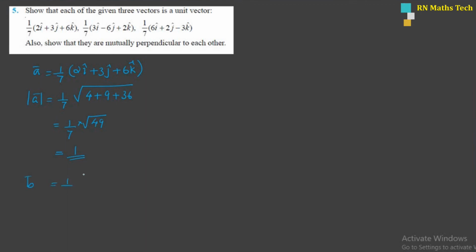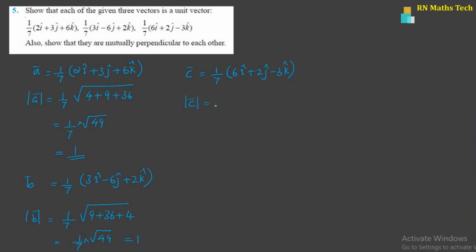Now b bar equal to 1 by 7 into 3i minus 6j plus 2k. Modulus of b bar equal to 1 by 7 into root of 9 plus 36 plus 4, that is 1 by 7 into root of 49, which is also 1. C bar equal to 1 by 7 into 6i plus 2j minus 3k.